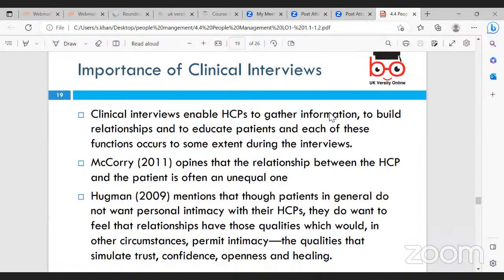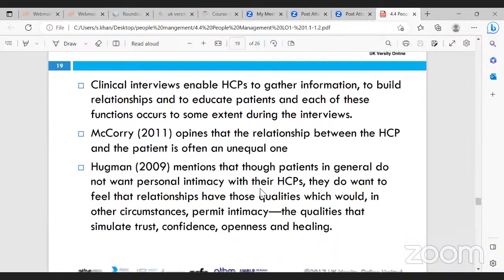McGorry 2011 opines that the relationship between the healthcare professionals and the patient is often an unequal one. Hugman in 2009 mentions that though patients in general do not want personal intimacy with their healthcare professionals, they do want to feel that the relationship has those qualities which would in other circumstances permit intimacy, the qualities that simulate trust, confidence, openness and healing.